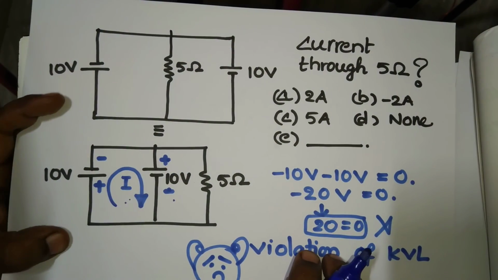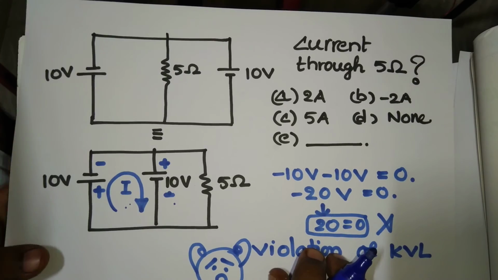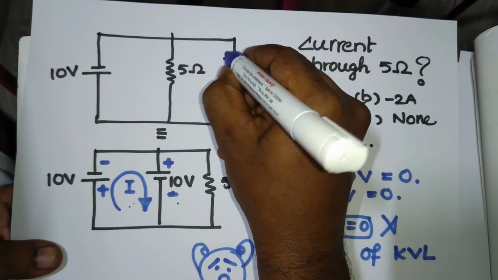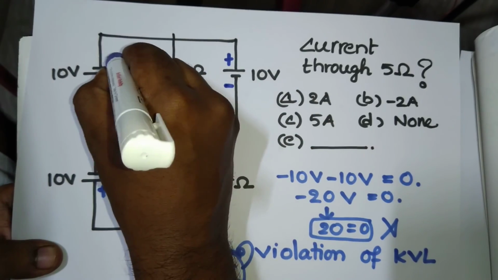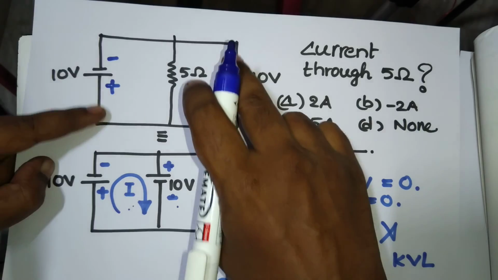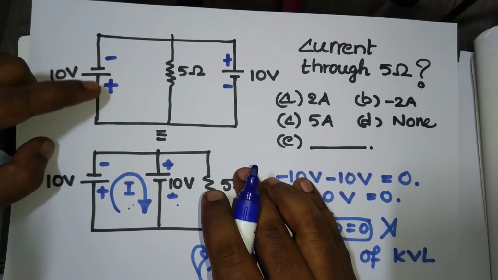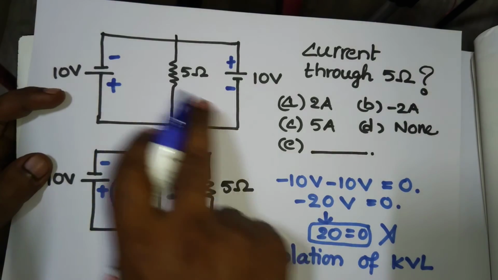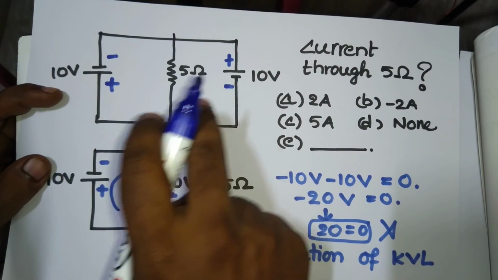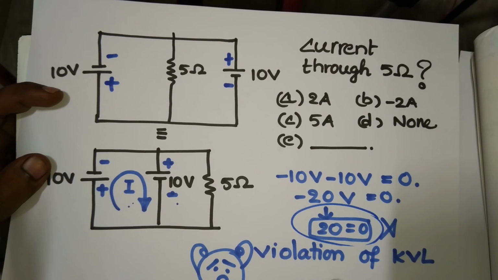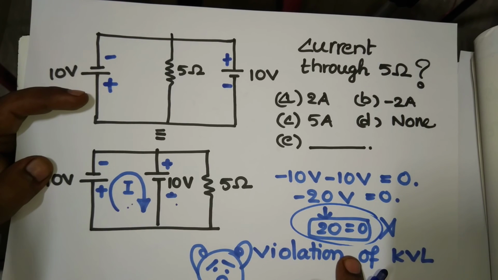But what happened? Of course you have the same stuff, but the difference here is the polarity. The same voltage is there, but the polarity got reversed. I have negative positive, and I have positive negative here. Due to this polarity mismatch, this leads to destruction and damage.